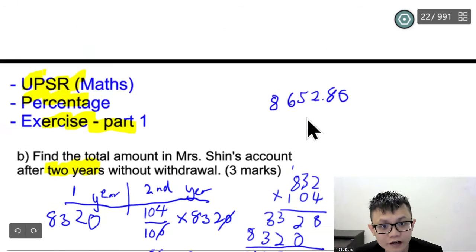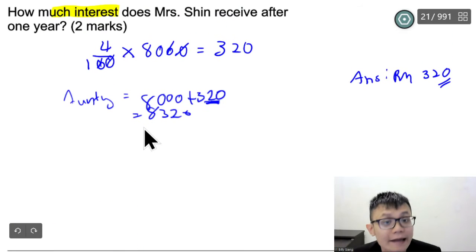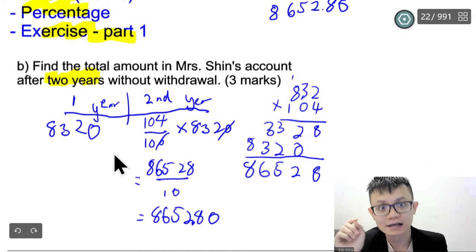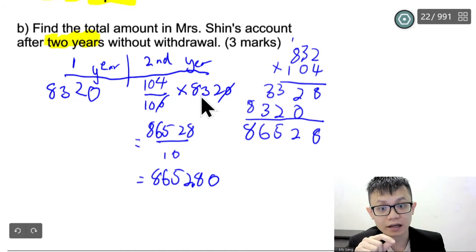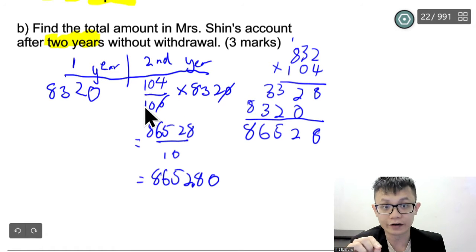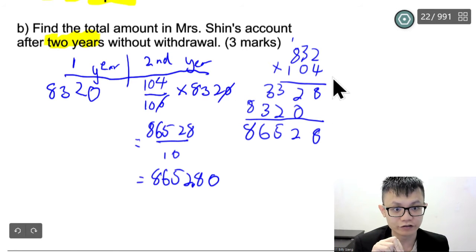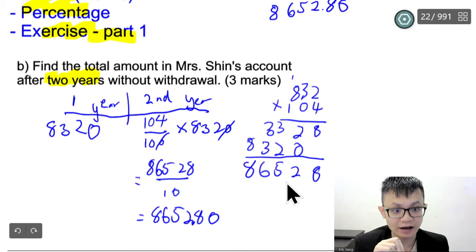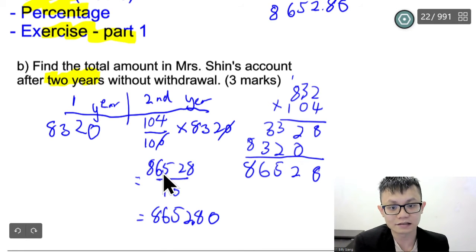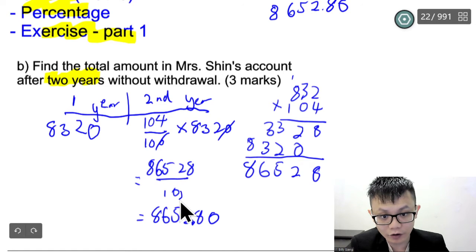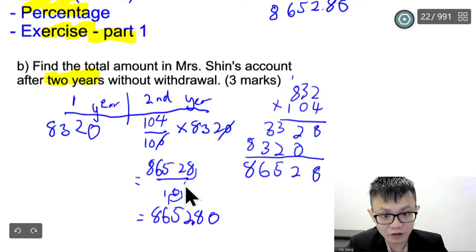So for the previous one, we got the amount 8320. Again, we use 8320 for the first year. For the second year, it will be 4%. I do a shortcut, so I just use 104 over 100 times the first year's 8320. After I do the multiplication, I get 86528. 86528 over 10, so I move the decimal point one time, so it will be 8652.8.